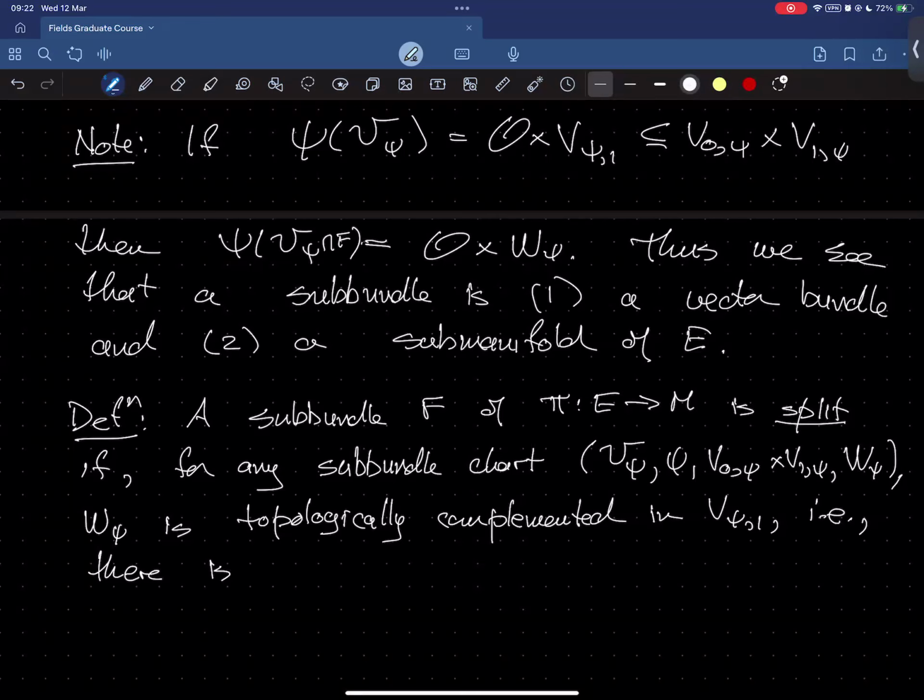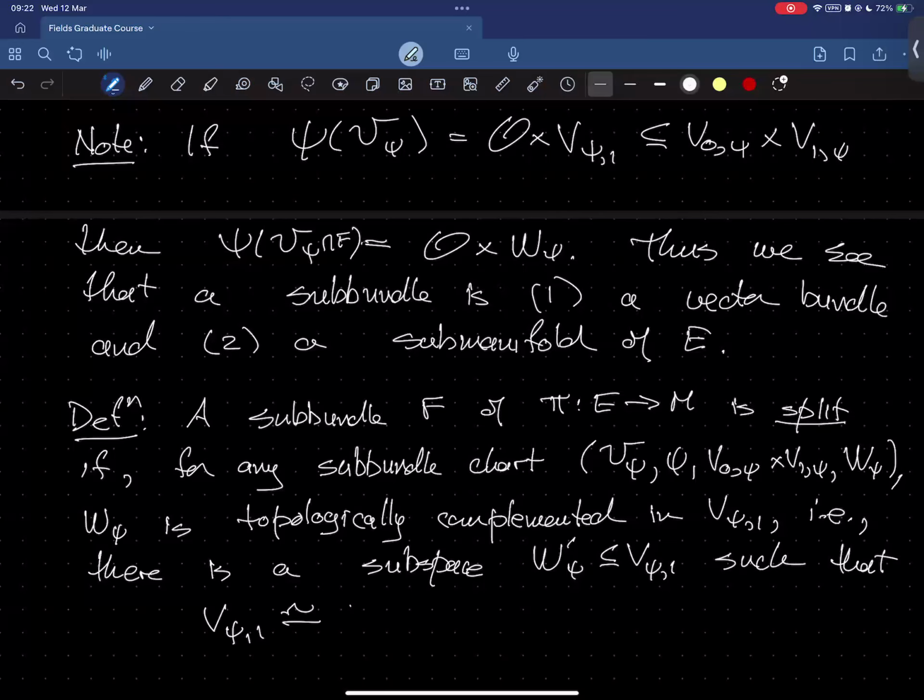i.e., there is a subspace, let me call it maybe W prime psi, of V psi 1, such that V psi 1 is isomorphic to, and I need to carefully define the words that I'm using here, W psi cross W psi prime.